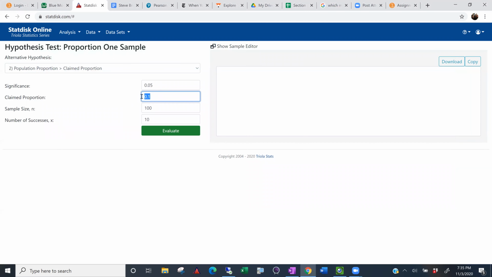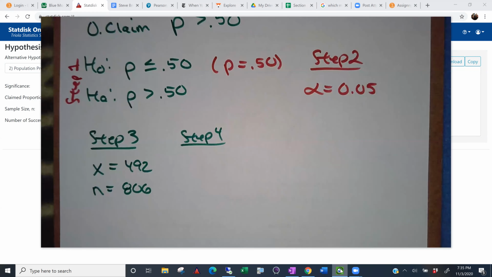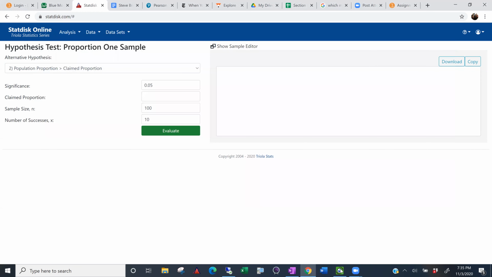5% significance level. What's the claimed proportion for us in this particular problem? Does anyone know? 0.5. Excellent. So let's type in a 0.5 there. 0.5. Sample size was 806.